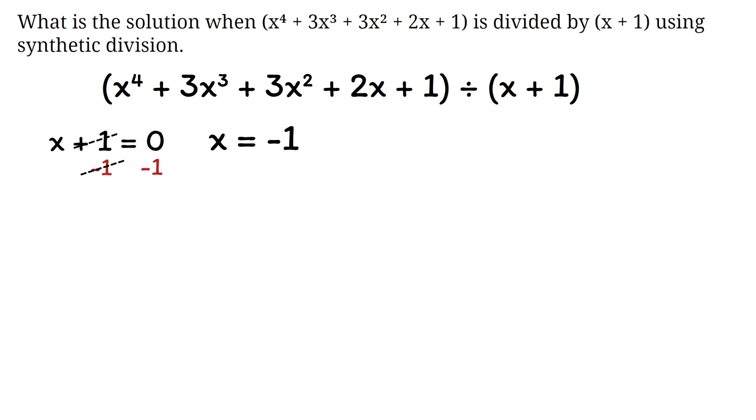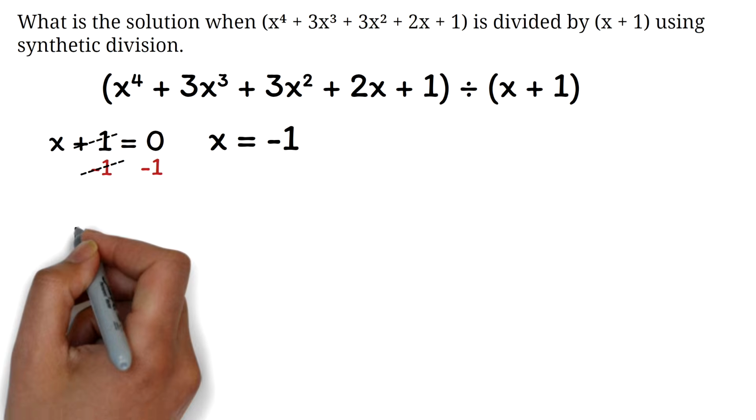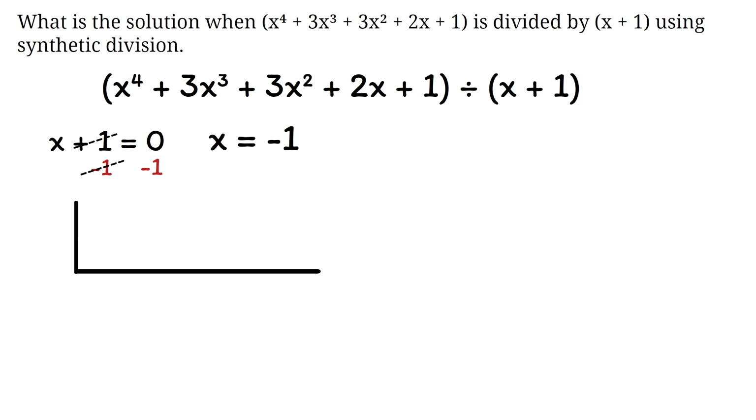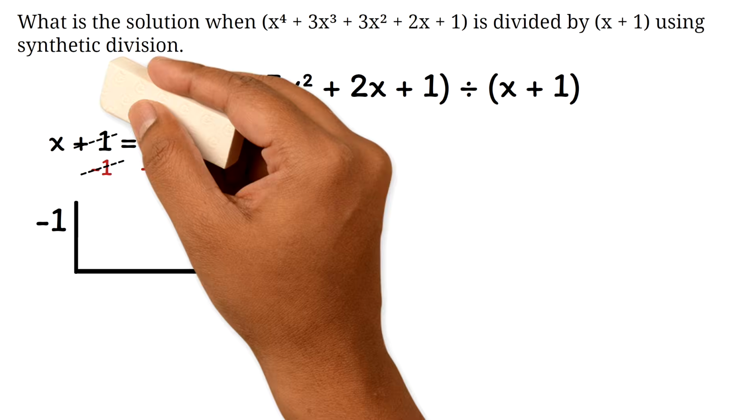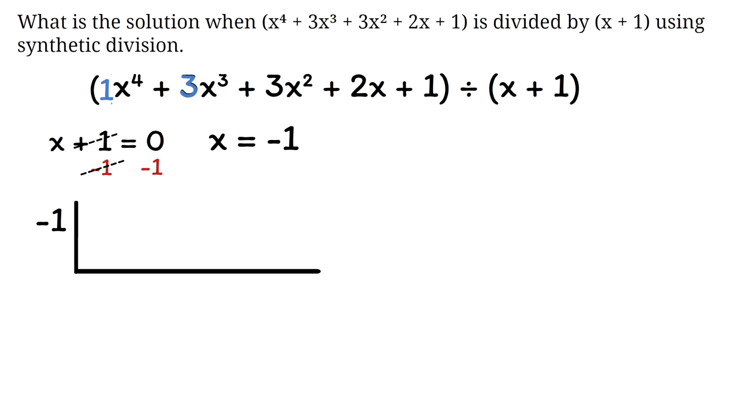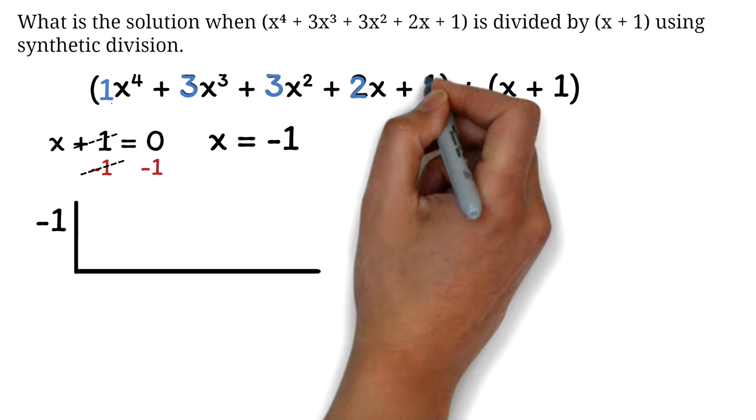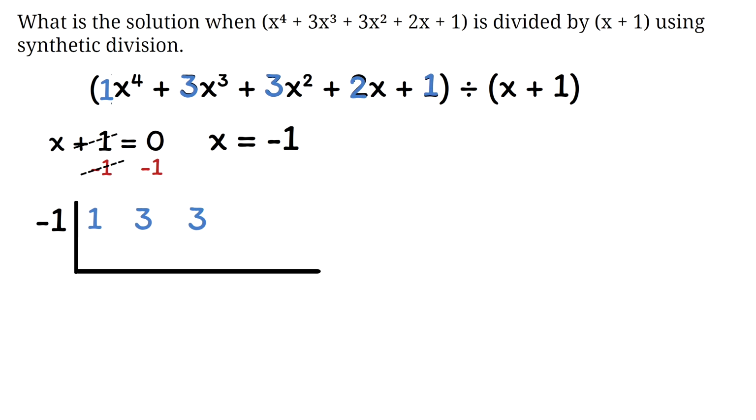Next, to set up for synthetic division, draw a vertical and a horizontal line and place the minus 1 at the top left side. Inside the setup, we write the coefficients of the polynomial being divided. In this problem, the coefficients are 1, 3, 3, 2, and 1, so we write them here.